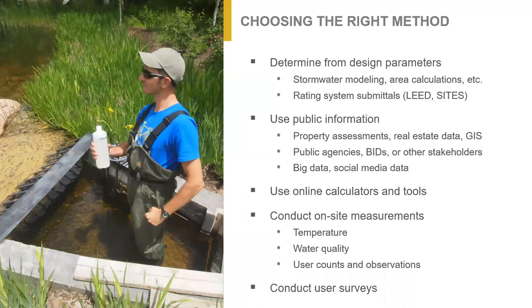And then of course, user counts and observations on site. These are often some of the most time-consuming and sometimes expensive ways to measure things. We would love if everything could be measured that way, but it's often not possible. However, LAF does recommend a few things that can be done on site. And actually the new ASLA LATTICE guide on landscape performance also is a great source for some of those on-site measurements.